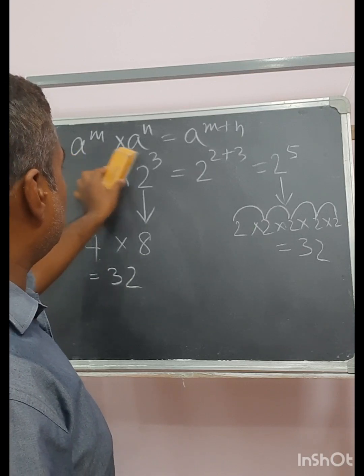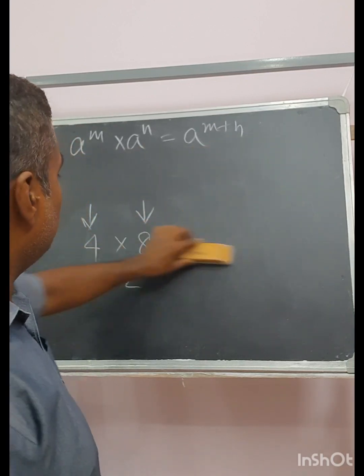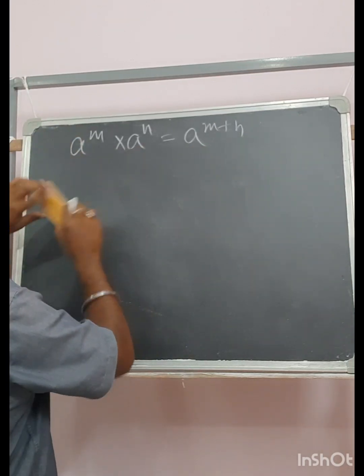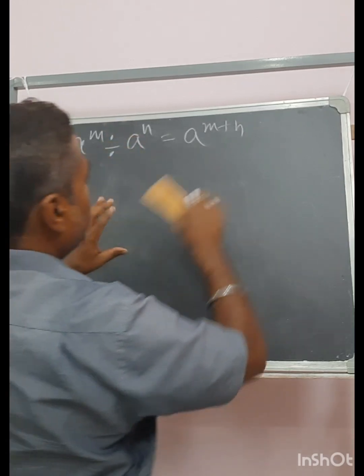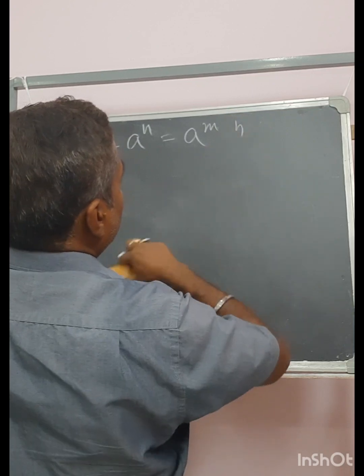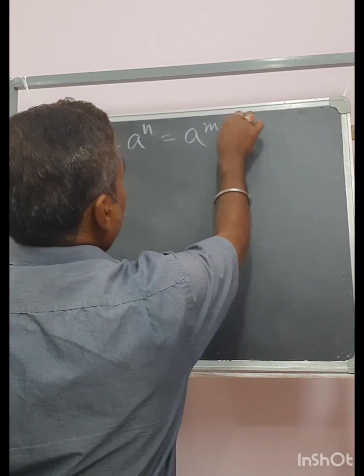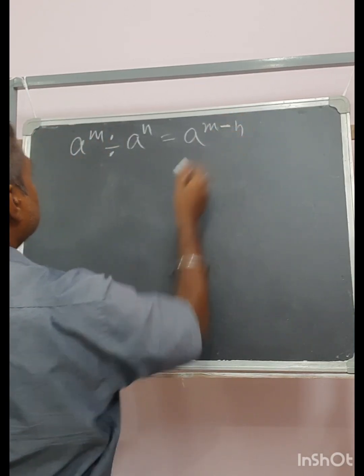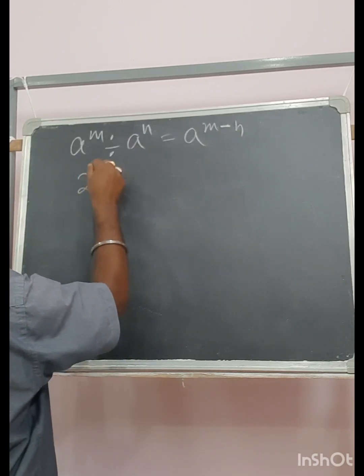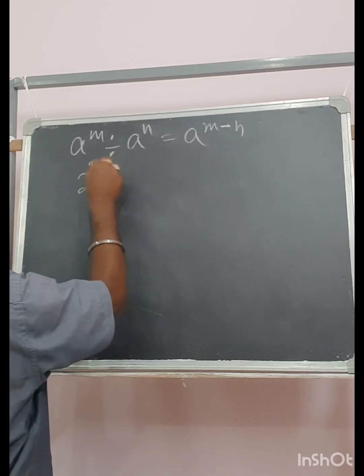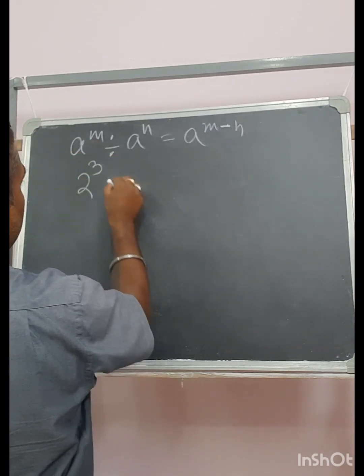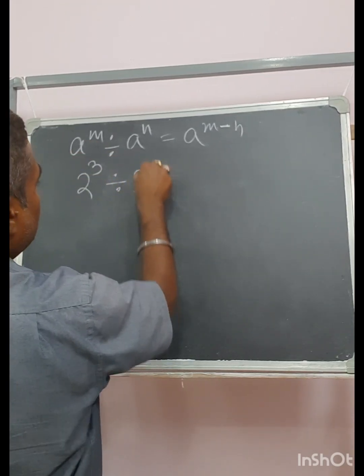Okay, now come to the next rule, which says if it is changed to a division sign, the only change will be that instead of plus it will come minus. So let's take an example, the same example here. I'll go for m equal to 3 because I have to keep this term higher: 2 to the power 3 divided by 2 to the power 2.